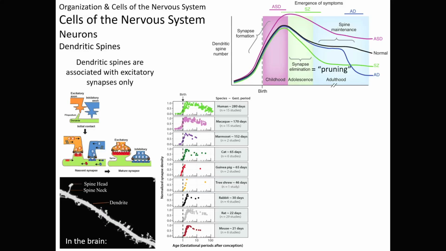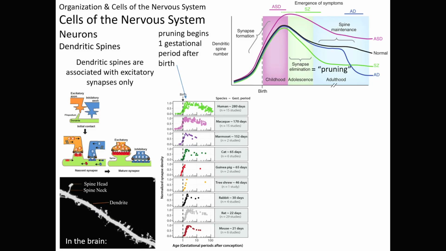What they realized when they did this for the 9 or so different mammals plotted up here is that for every one of these mammals, the peak in dendritic spine number, after which you start declining, was always one gestational period after birth.